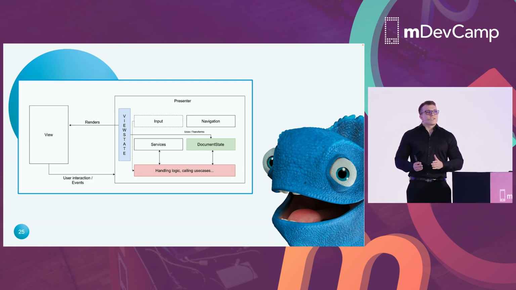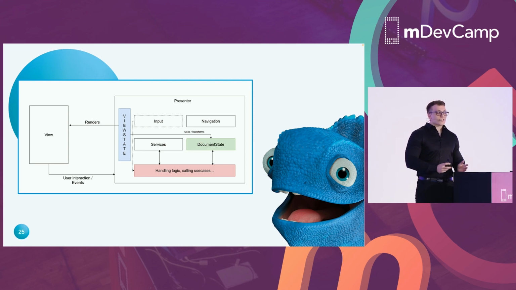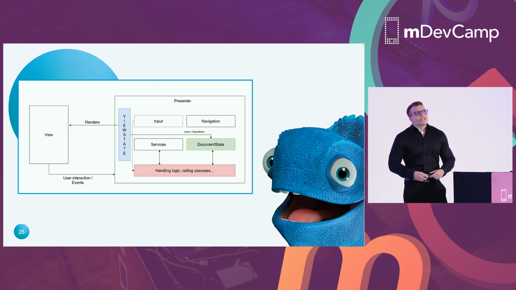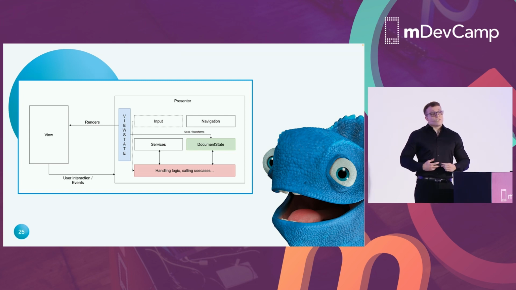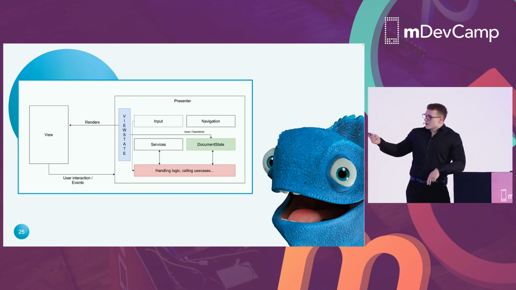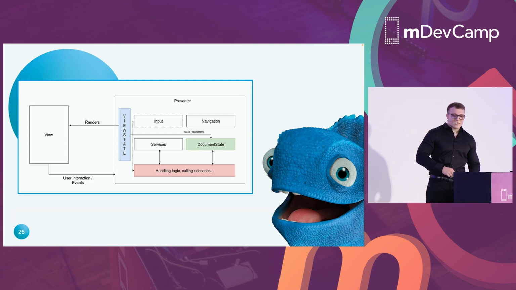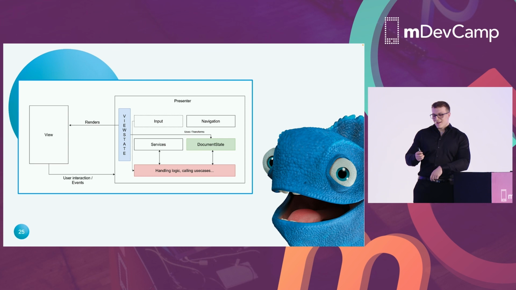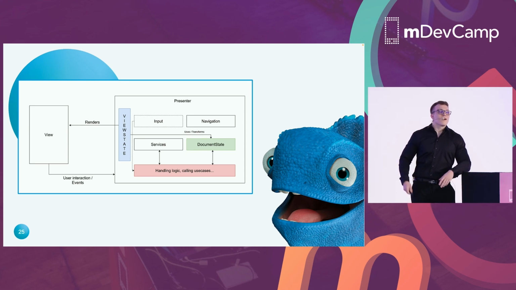It's a well-defined state for the view: loading state, loaded state, error state. And document state contains the data, and not every piece of data is needed for the view state, so that's why we have two. So the user clicks on the button, some service or the use cases you've seen are called, and then based on the result, we can navigate to other screens or modify document state and then say to view state, we have new data, update yourself to some state.